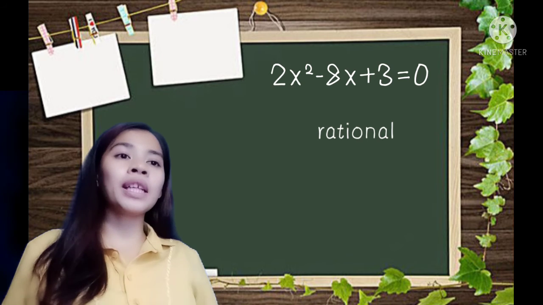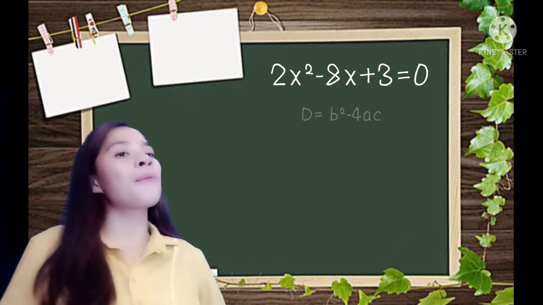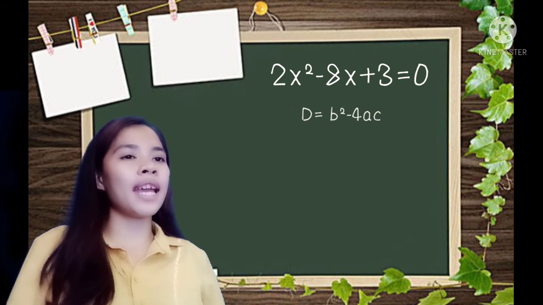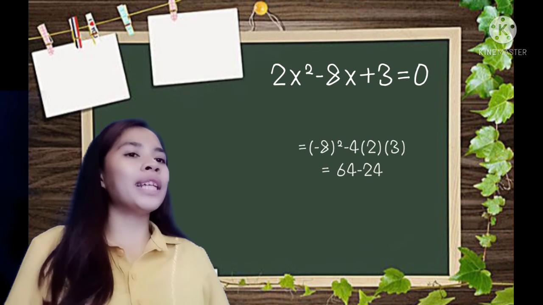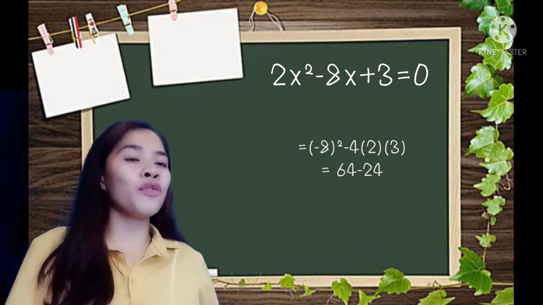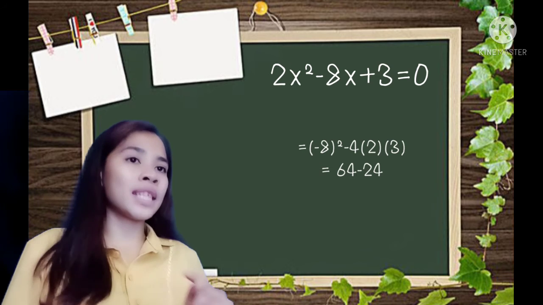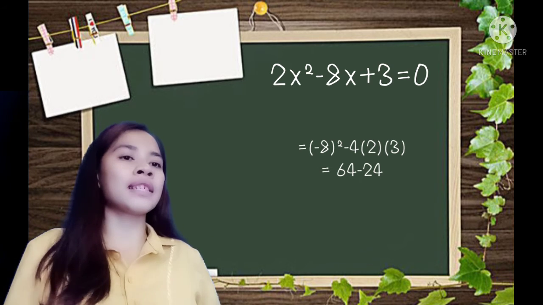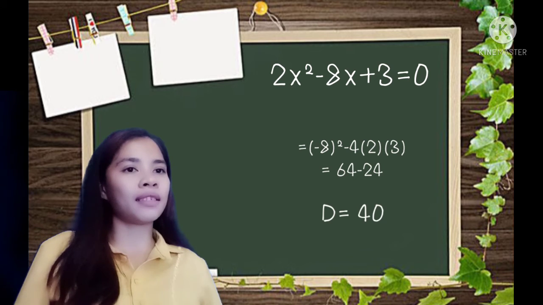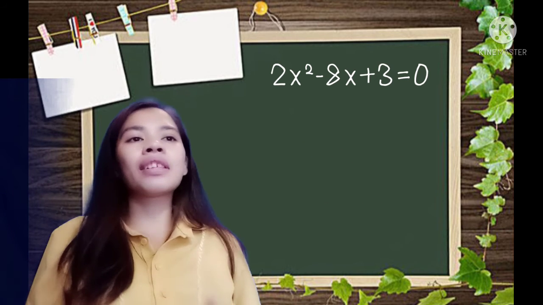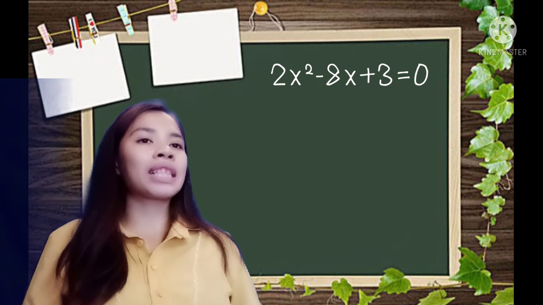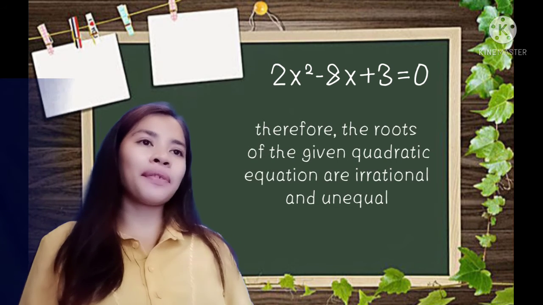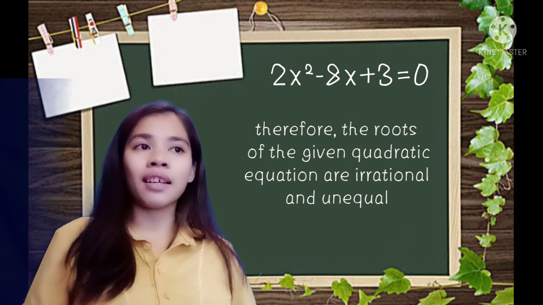So the discriminant of the given equation, since b is negative 8, is negative 8 squared minus 4 times the value of a, which is 2, times the value of c, which is 3. That gives us a discriminant of 40. Clearly, the discriminant of the given quadratic equation is positive but not a perfect square, so therefore the roots of the given quadratic equation are irrational and unequal.